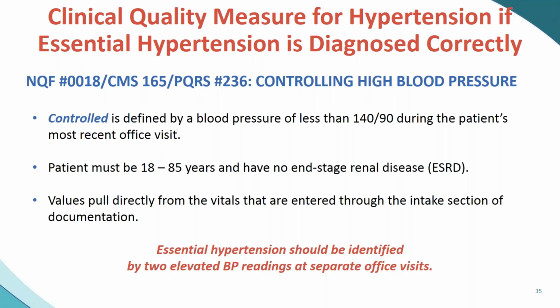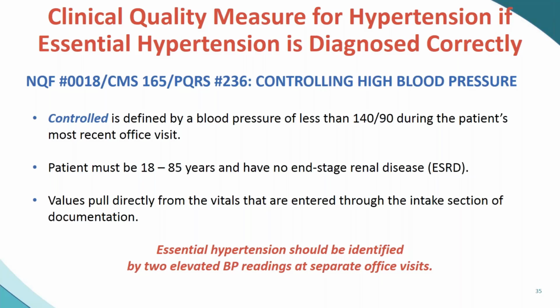The second area is how to work with your hypertension eCQM measure. So this is the one that we all have gotten to be so familiar with, the NQF 0018 or CMS 165. And this is the controlling high blood pressure measure that basically tracks the patients who have been already identified as hypertensive within your system.